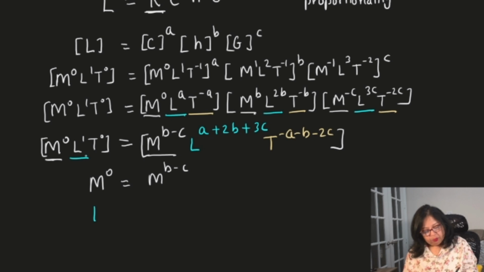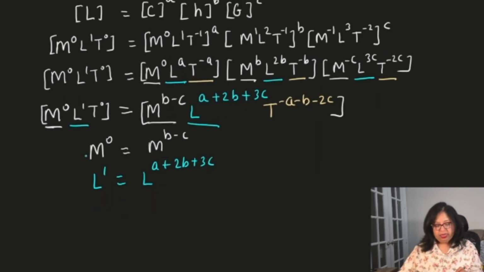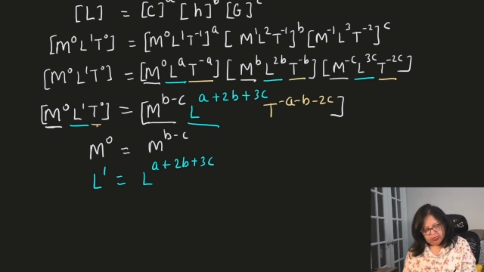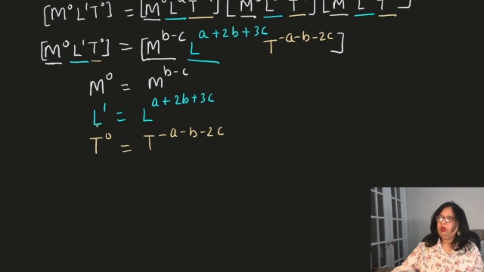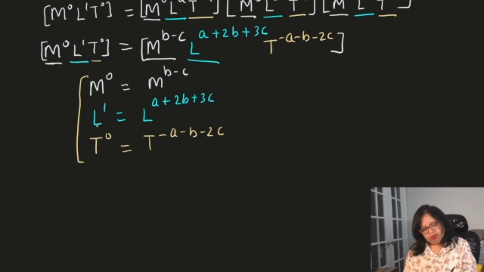Likewise, L to the power 1 equals L to the power a plus 2b plus 3c on the right hand side. Last, t to the power 0 on the left hand side equals t to the power minus a minus b minus 2c on the right hand side. What do these three equations give us?